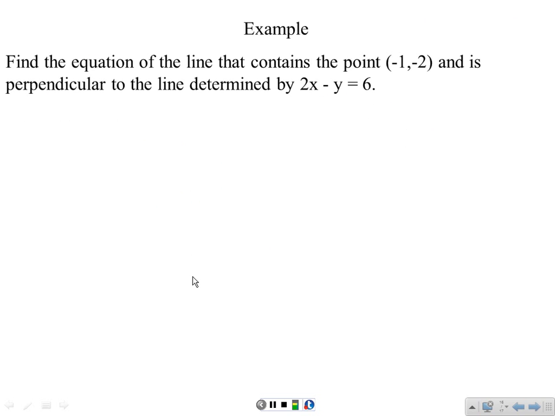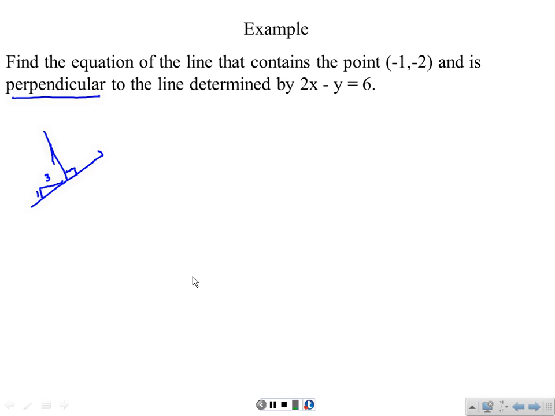Okay, so let's talk about perpendicular lines. Lines that are perpendicular are at right angles to each other. So what that means is if this line has a slope that rises over runs, and let's say that it's 1 over 3, then this one is going to have a slope opposite of that.